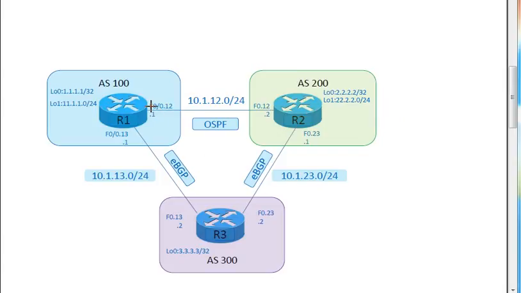Here, we're going to use the same topology: R1 and R3, R2 and R3. We use eBGP. On R1, we've already created a loopback interface with network 11.1.1.0/24. Let's check it out.